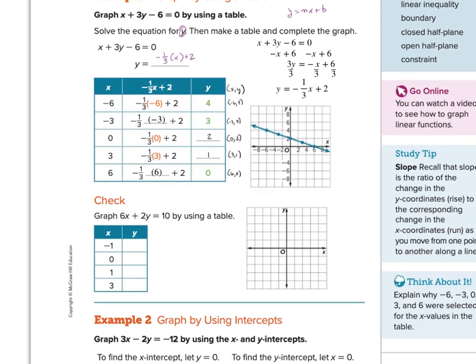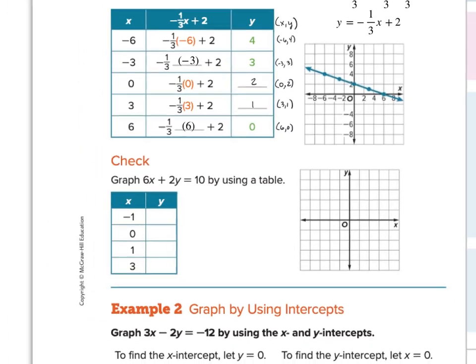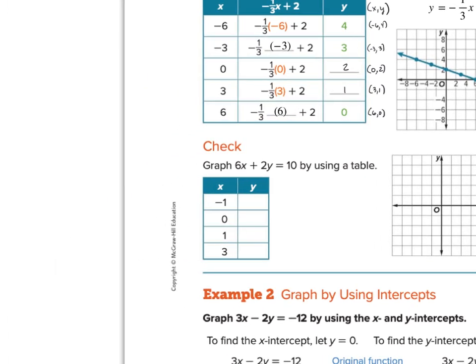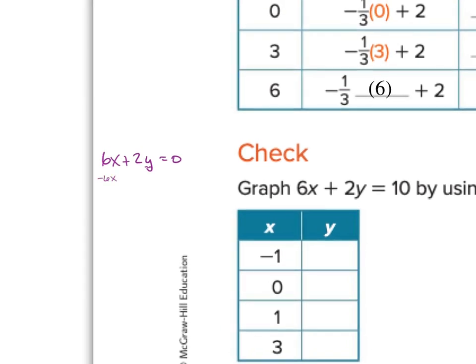So here in this check, we want to do the exact same thing that we did before. Convert it, move it into slope-intercept form. I want to isolate my y. So I will subtract 6x from both sides, and I have 2y is equal to minus 6x plus 10.